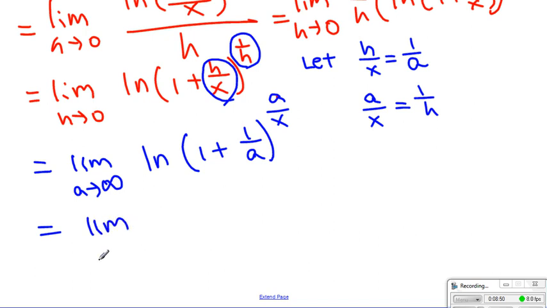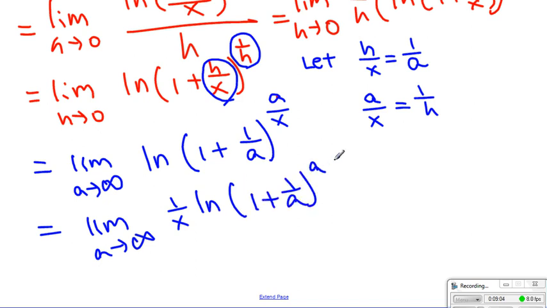Limit as a approaches infinity, we will get 1 over x times ln of 1 plus 1 over a to the a power. By now, I'm sure you're recognizing that this portion, as a approaches infinity, becomes e.